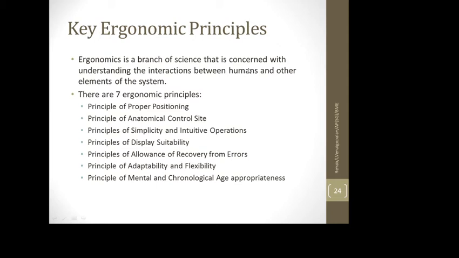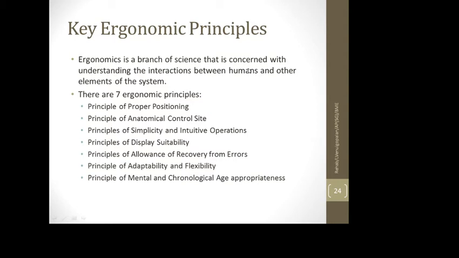So you have key ergonomic principles as well. So what is ergonomics? It is the branch of science that is concerned with the understanding of the interactions between the humans and other elements of the system.